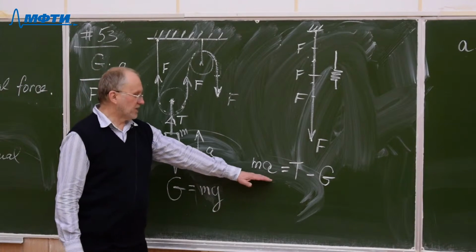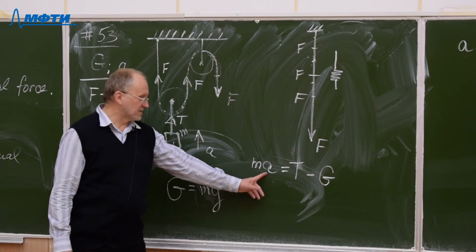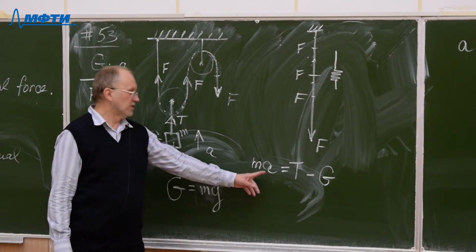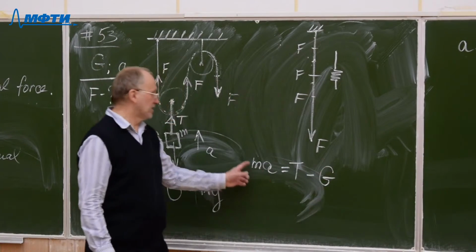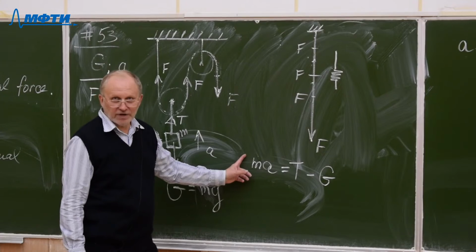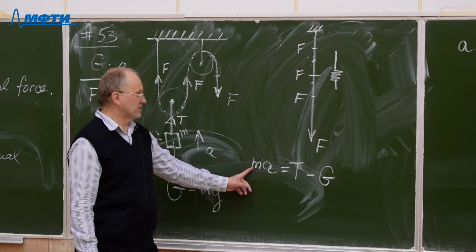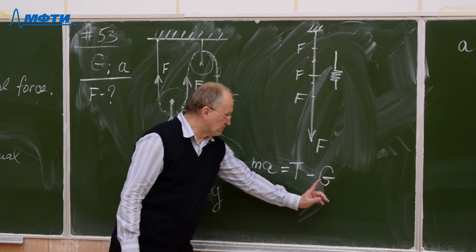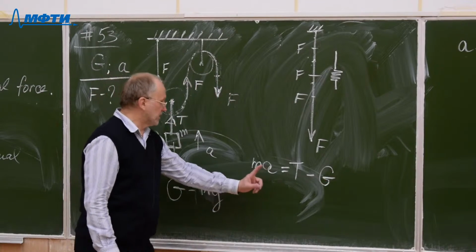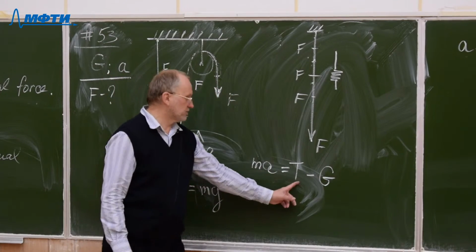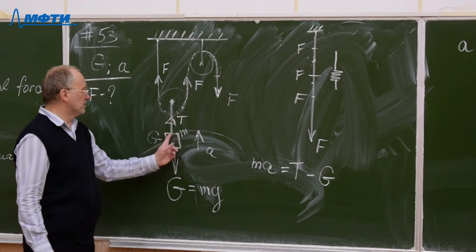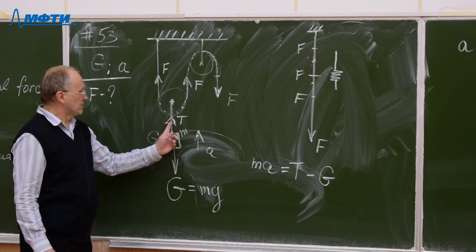Is this equation enough to find acceleration? No, because we have only one equation and two unknown quantities. Mass is known, the weight of this body is known, but we don't know acceleration, and we don't know this force T, the tension in this string.